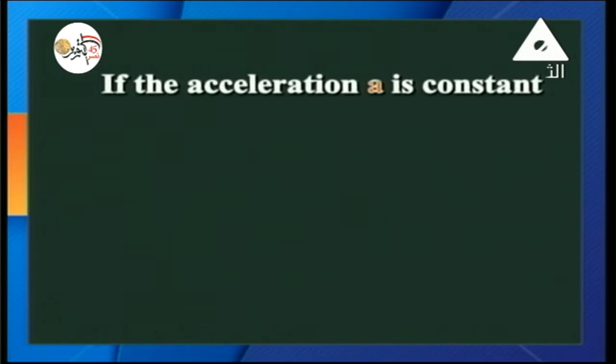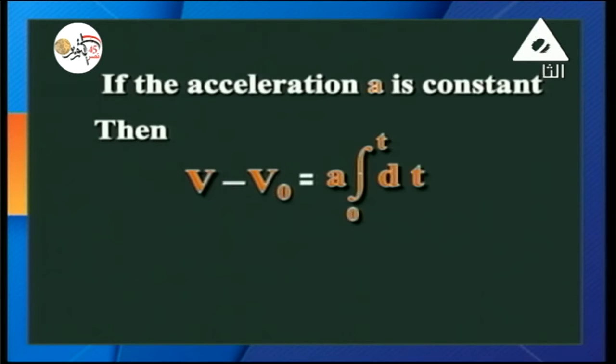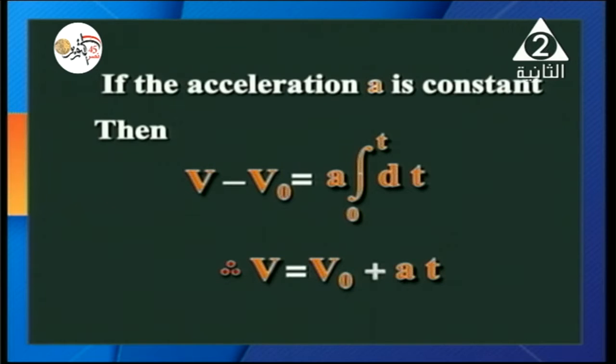If the acceleration a is constant, what do you deduce, my dear students? v minus v naught equals a, which is constant, times the integration from 0 to t of dt. Therefore, v equals v naught plus at. This is the first rule: v equals v naught plus at.